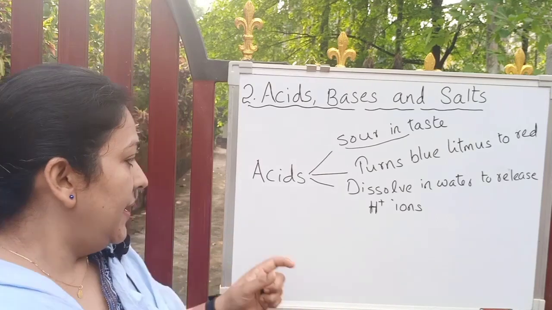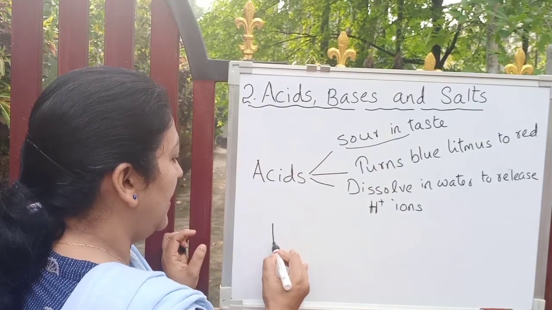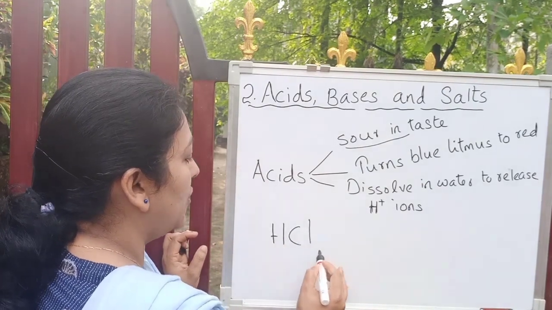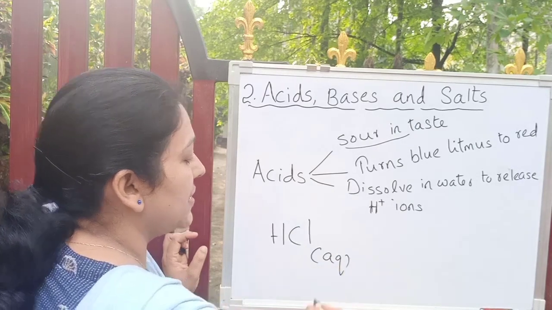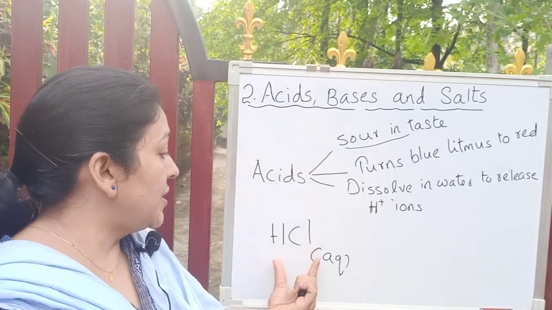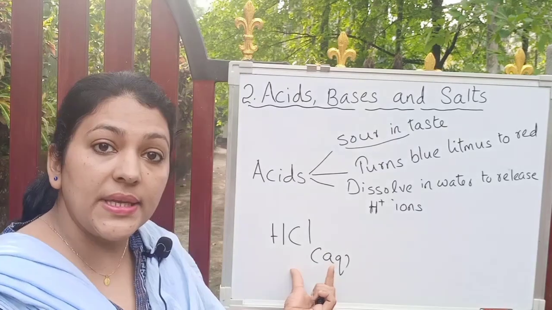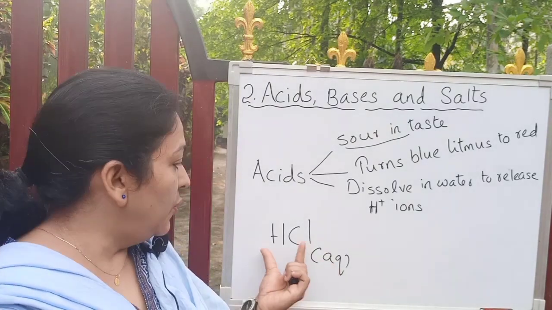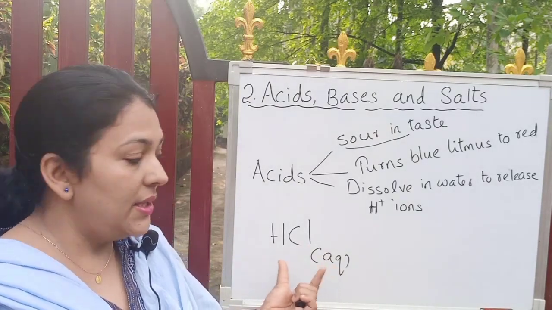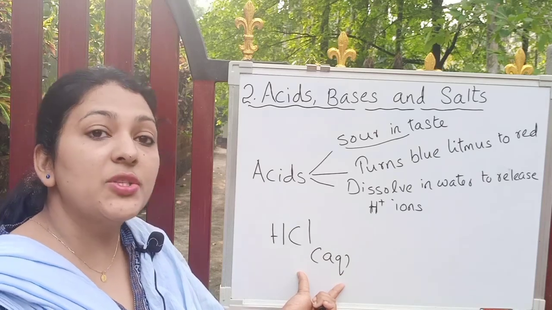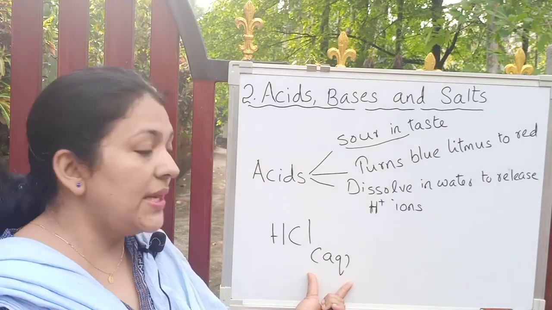For example, hydrochloric acid, aqueous. What is aqueous? Hydrogen chloride gas, when dissolved in water, gives you hydrochloric acid, right? Something dissolved in water, we write aqueous.